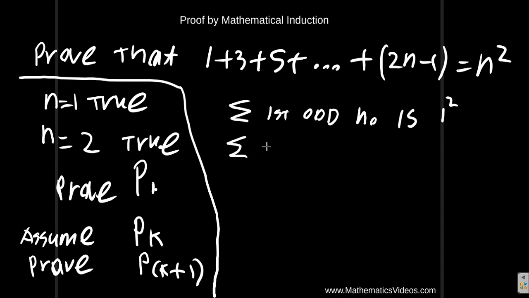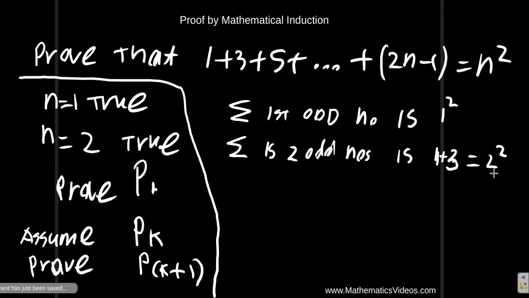The sum of the first two odd numbers: the first odd number is 1, 1 plus 3. Oh, 2 is not an odd number. 1 plus 3 is equal to 2 squared. 1 plus 3 is 4 and 2 squared is 4.